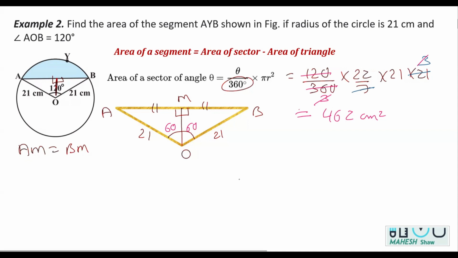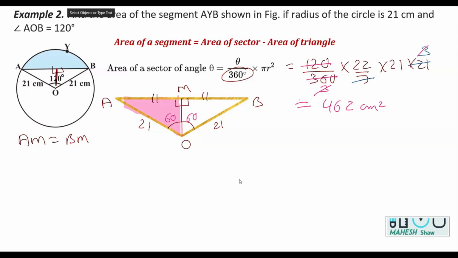Now, what next I'm going to do is to use a trigonometric ratio in any of these right angle triangles. Let's say I'm taking this one. I'll be applying sine here, sine 60. Sine 60 is equal to perpendicular over hypotenuse.